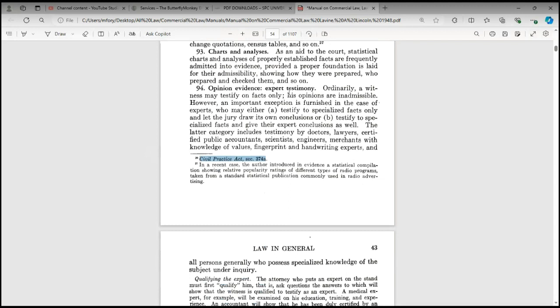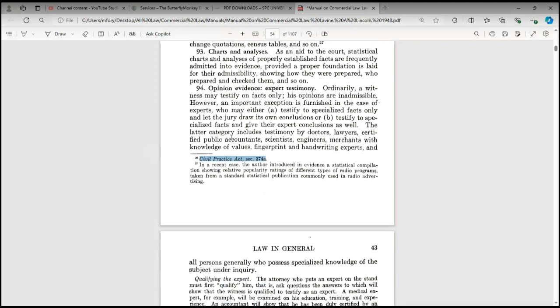Opinion evidence, expert testimony. Ordinarily, a witness may testify on facts only. His opinions are inadmissible. However, an important exception is furnished in the case of experts who may either A, testify to specialized facts only and let the jury draw its own conclusions, or B, testify to specialized facts and give their expert conclusions as well.